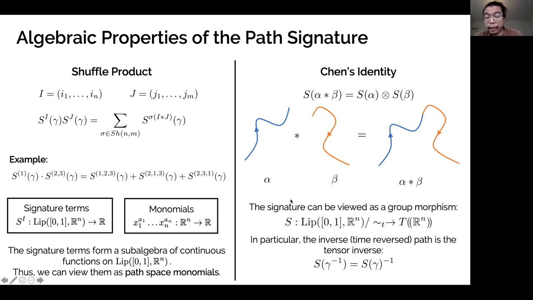And in particular, we can think about the signature as a group homomorphism from the space of Lipschitz paths, quotiented out by this tree-like equivalence, into the tensor algebra, where the group operation in the domain is just concatenation, and the group operation in the codomain is tensor multiplication. In particular, this gives us a way to compute the signature of the inverse path or the time reverse path, which is just going to be the tensor inverse.